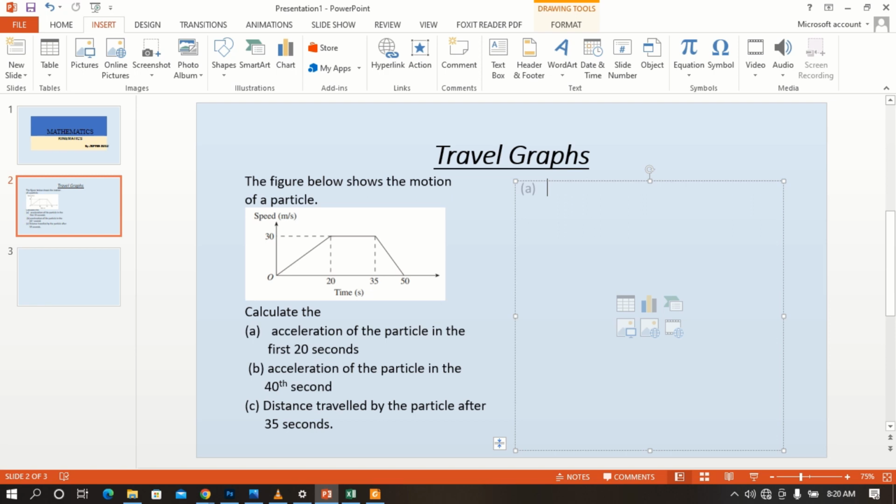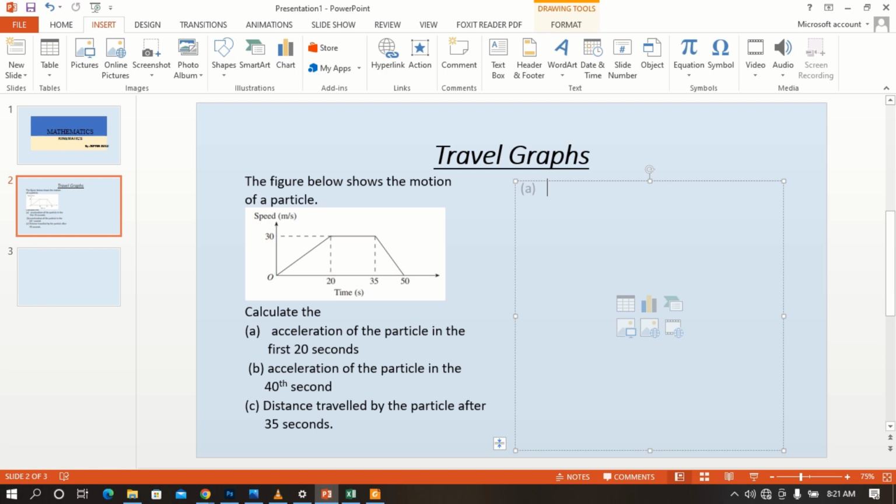Now what is this acceleration that we are talking about? Acceleration is simply the rate of change of speed with reference to time. If the speed is in a specified direction, it is called velocity. So acceleration can simply be defined as the rate of change of velocity with time, or the rate of change of speed with time.